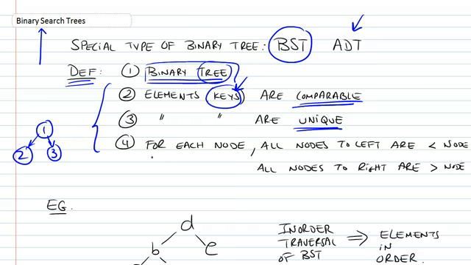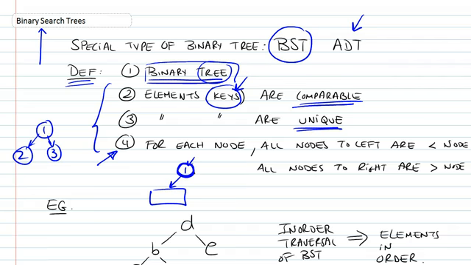And finally, one of the important properties of a BST is that for every node in a tree, and since we said that all the elements in the nodes can be compared, all the nodes to the left of that particular node that we're looking at have elements that are smaller than that particular node.